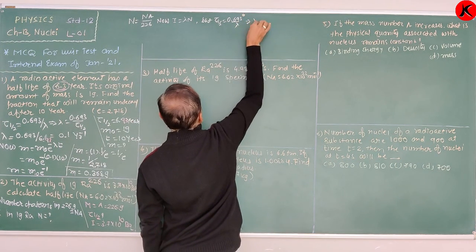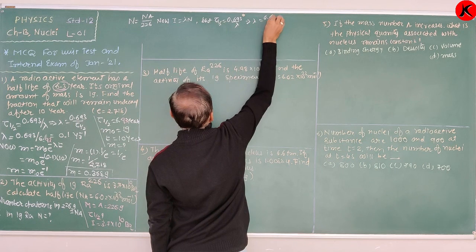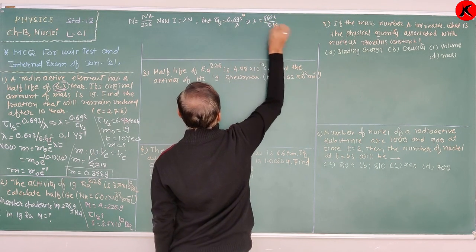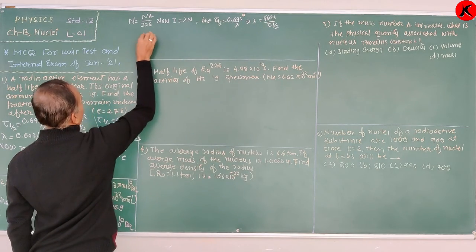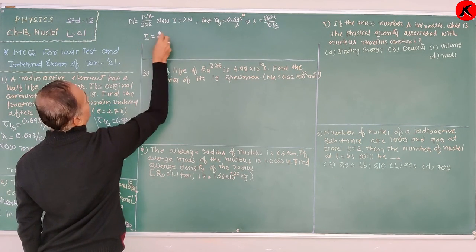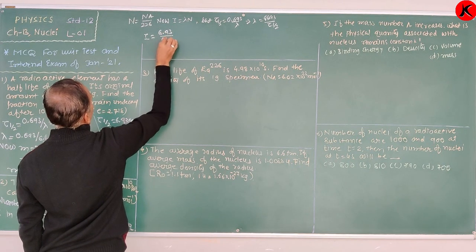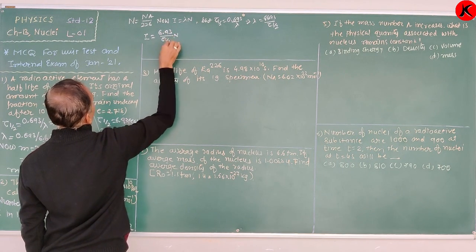Therefore, lambda is equal to 0.693 upon tau half. Substituting here, activity I is equal to 0.693 upon tau half into N.